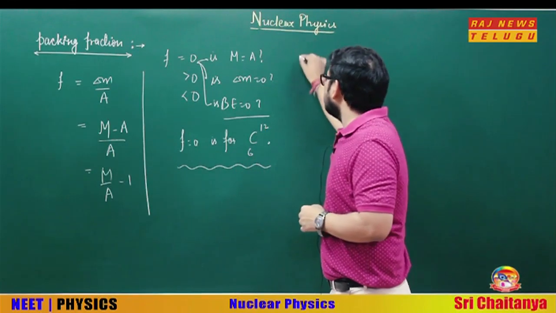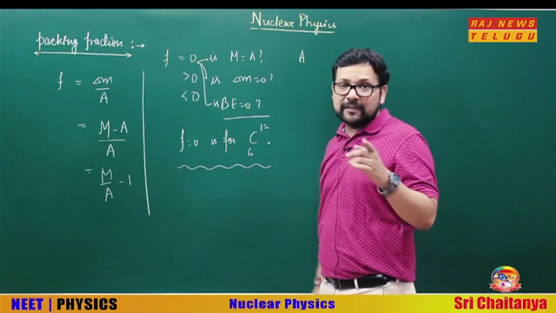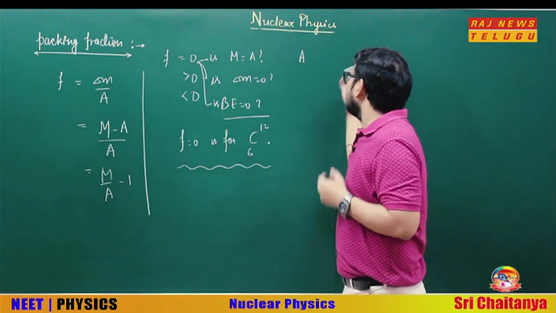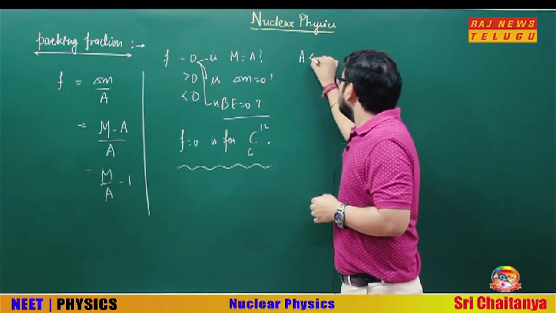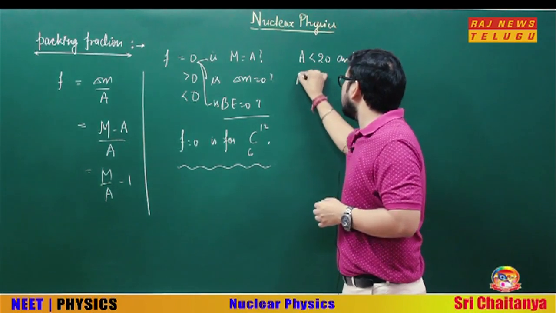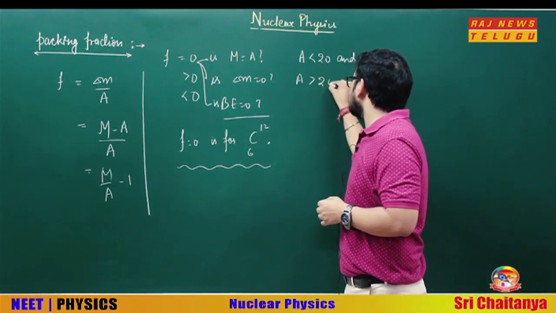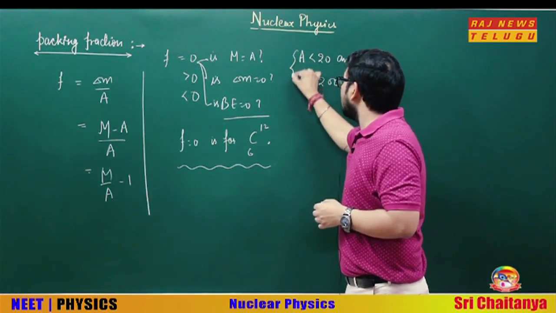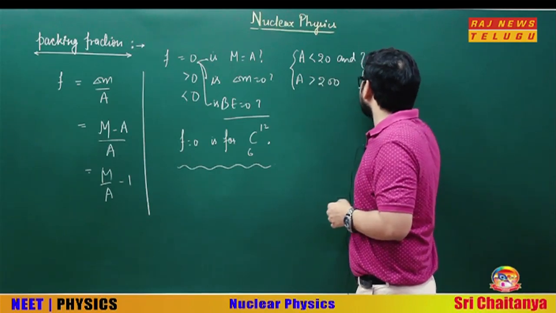So in general, A, you know what is A, that is mass number. A less than 20 and A greater than 200, these are having packing fraction of positive.